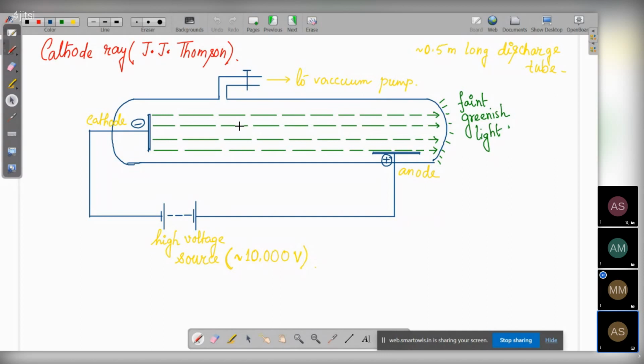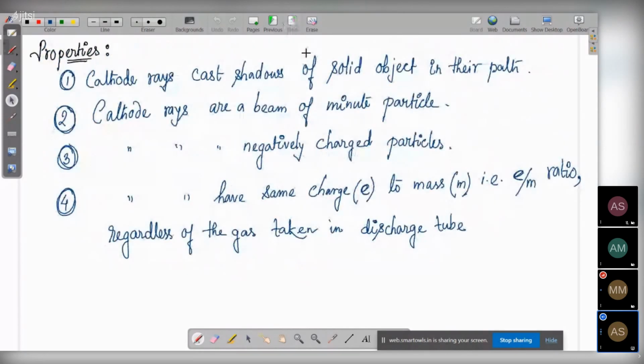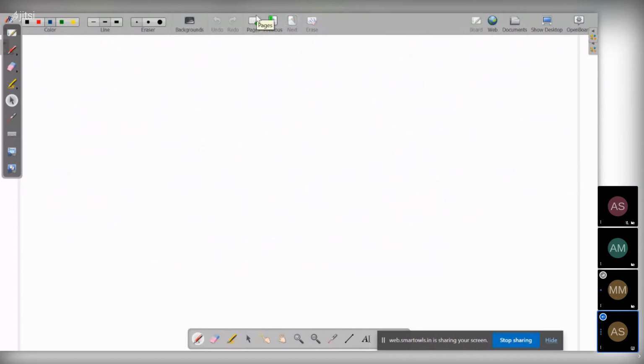But Thomson could not say these things. Thomson just said that something is coming out and that something is causing the faint greenish light. How is it causing and why is it causing? That he could not say because he didn't know the concept of electrons. No one knew at that time. It is not his fault. And for him, this experiment was a revolutionary experiment.